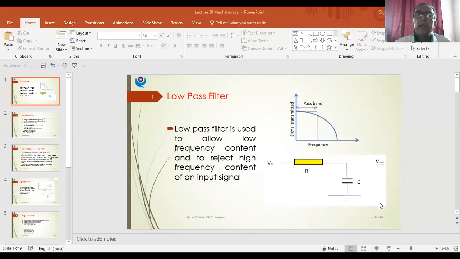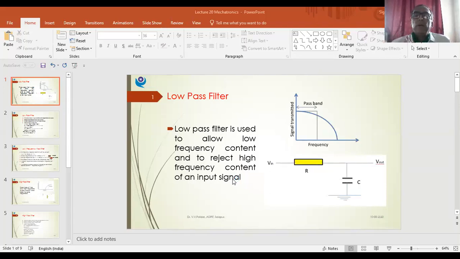Okay, so just see the definition. A low pass filter is used to allow low frequency content and to reject high frequency content of an input signal. Now, what do you mean by this frequency signal? When the sensor transducer continuously gives me a dynamic signal, we are not talking about a static signal. It is giving me some dynamic signal, and that signal has a certain frequency.